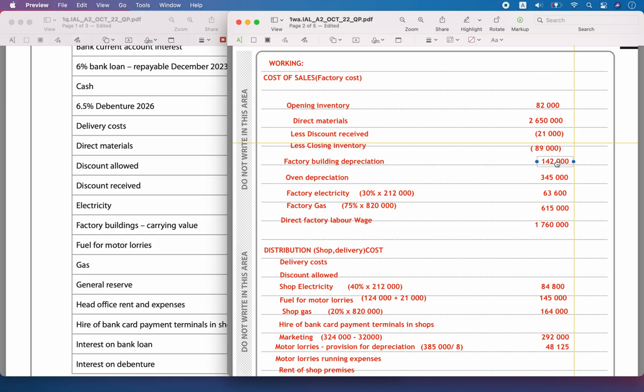Then you have the other costs. So let's calculate the factory direct labor wage, factory gas, everything we have included, other stuff. So now let's calculate the total cost of sales.